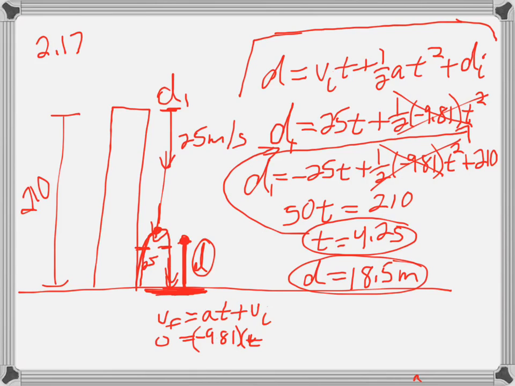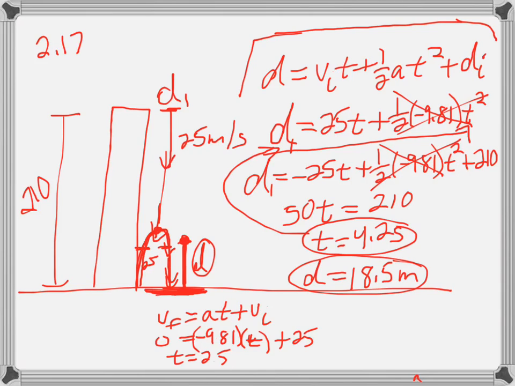We're trying to figure out a time to get all the way up here to the top. Plus initial velocity is 25. Take the 25 over to the other side. Take negative 25 divided by negative 9.81, and I would get a time of 2.5 seconds to get up here to the top. Well, we know they're hit at 4.2 seconds, so clearly there's one way of telling that we're on the way down when this cat fight happens.